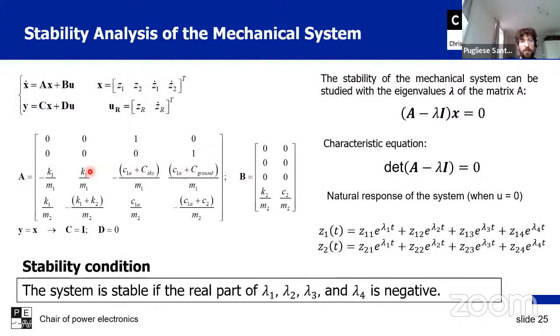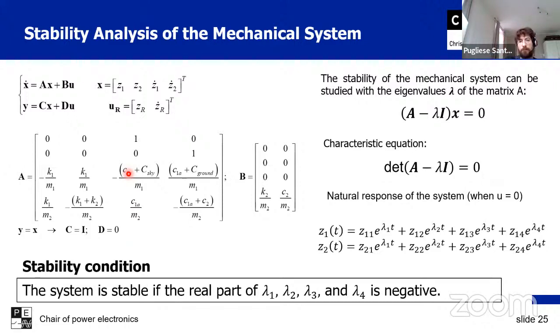Here there is also another part about the stability, because the mechanical system, when it's not perturbed, should be stable. So it means that we also need to verify which chi sky and chi ground we can use. These will be coefficients which are now added to the passive damper of the tire and the passive damper of the suspension itself.